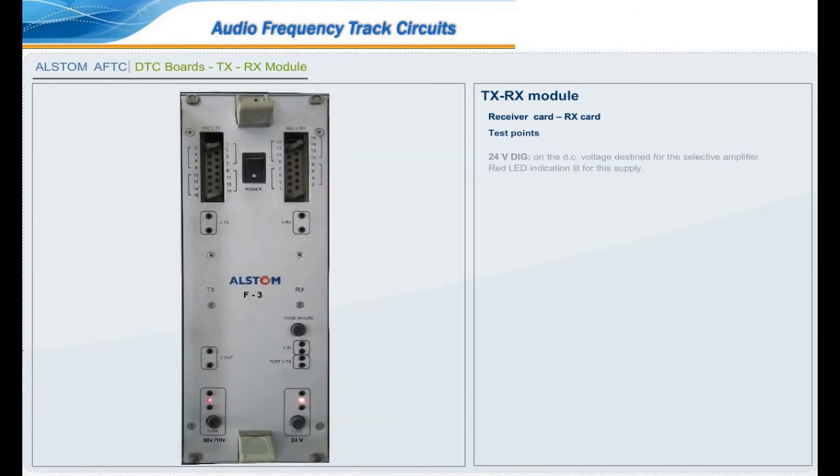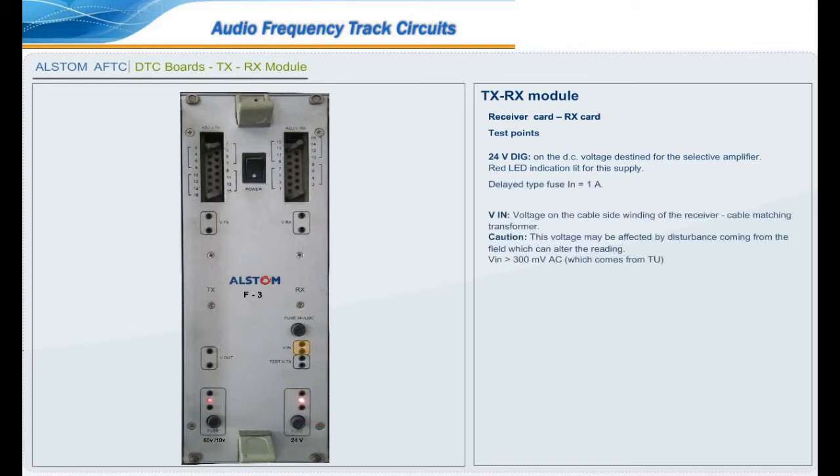Test points. 24 volt DIG: the DC voltage destined for the selective amplifier, red LED indication lit for this supply, delayed type fuse 1 ampere. VIN, voltage on the cable side winding of the receiver cable matching transformer. Caution, this voltage may be affected by disturbance coming from the field which can alter the reading.